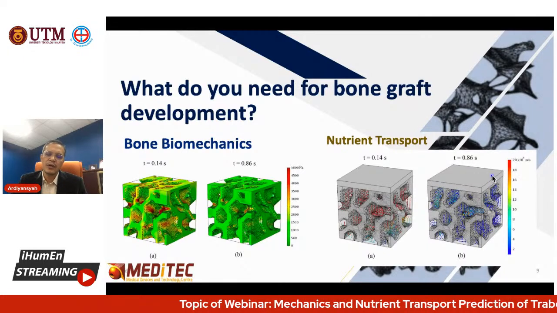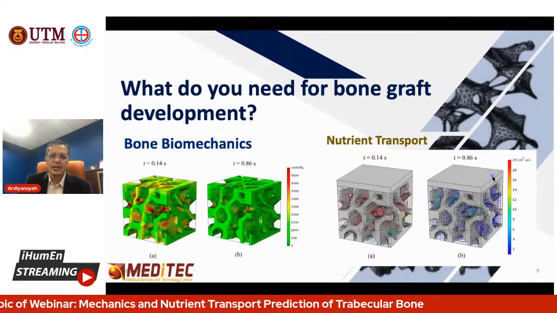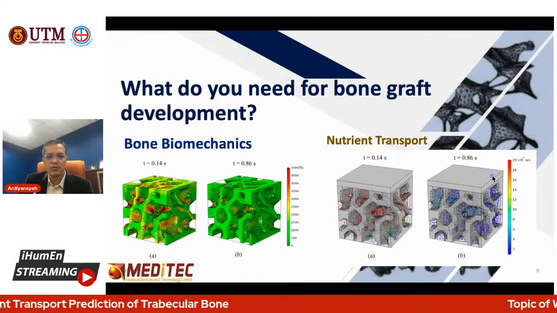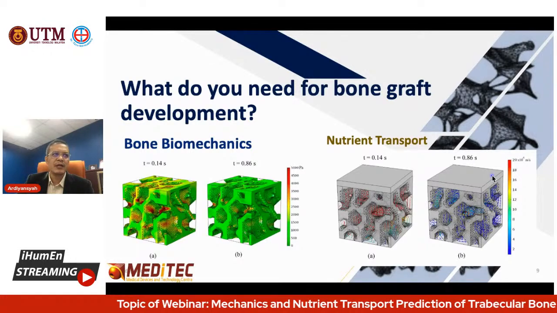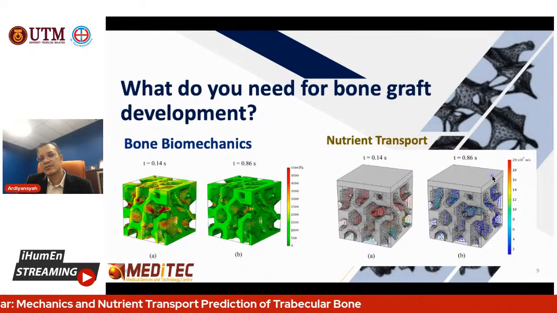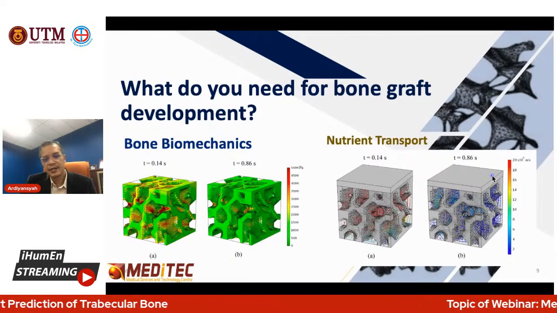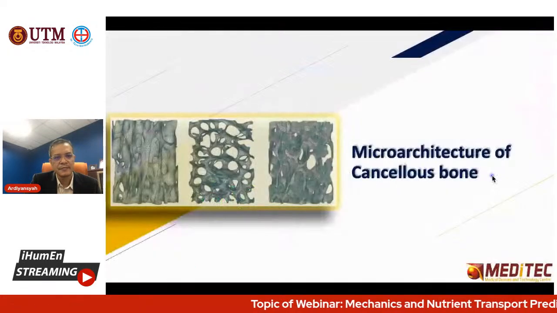We need to study trabecular bone first, and after that we are able to develop and construct the bone graft, which makes your bone graft better. In bone mechanics, you look at the mechanics of the bone, and in nutrient transport, you look at the fluid flow in the bone. In bone there is also fluid flow. Later I will detail.